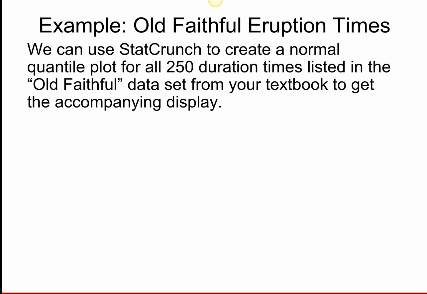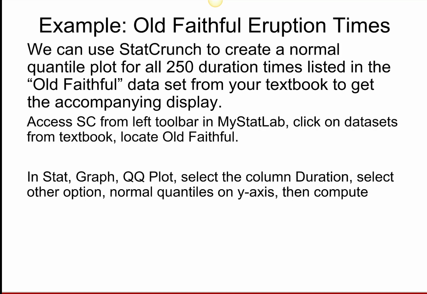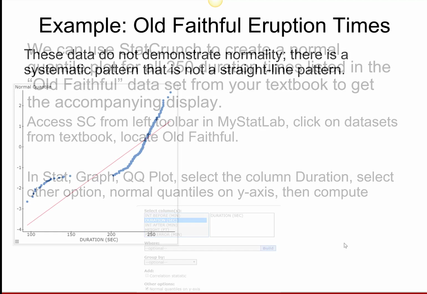If you access StatCrunch from the left toolbar in MyStatLab, click on Data Sets from the textbook and locate Old Faithful. Then I'm going to select Stat, Graph, QQ Plot, select the column Duration, and select the other option, Normal Quantiles on the Y-axis. Make sure you click that option, and then Compute. Here's what this looks like.